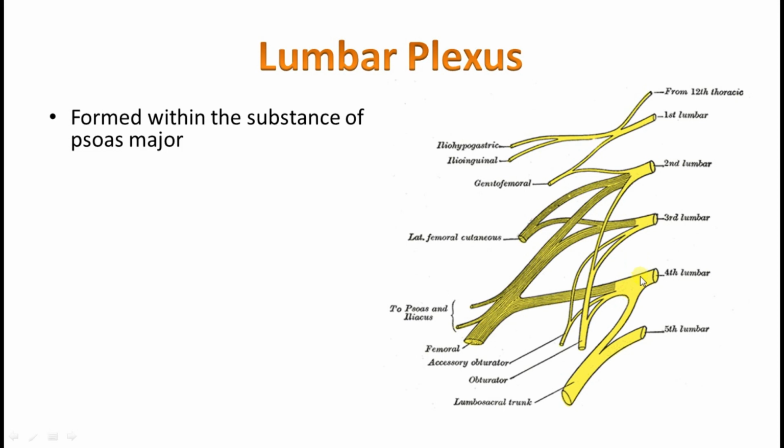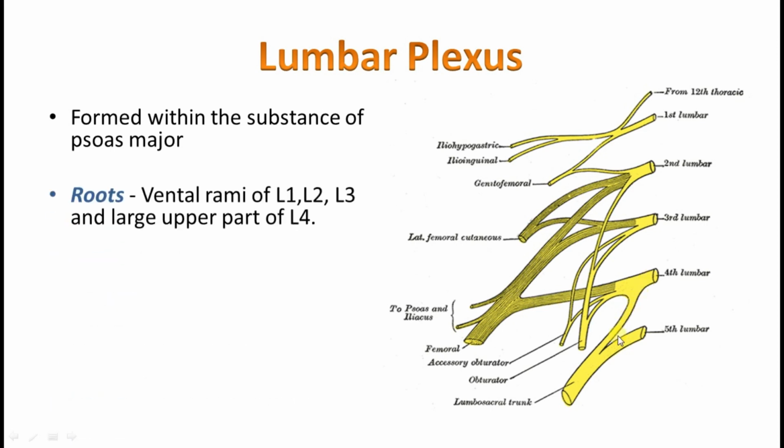Now L4 divides into a large upper branch and a small lower branch. The small lower branch of L4 joins with L5 to form the lumbosacral trunk. That is why L4 is called nervus furcalis, because it contributes both to the lumbar plexus as well as the lumbosacral trunk.